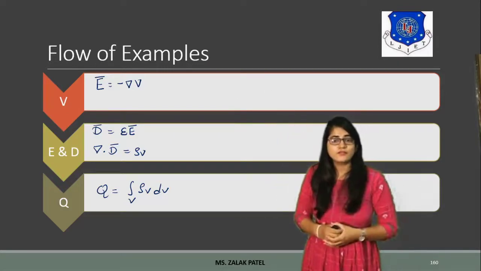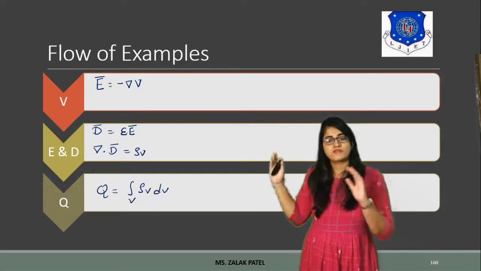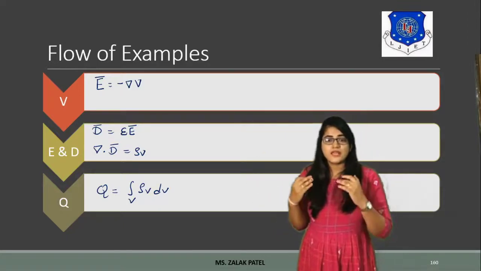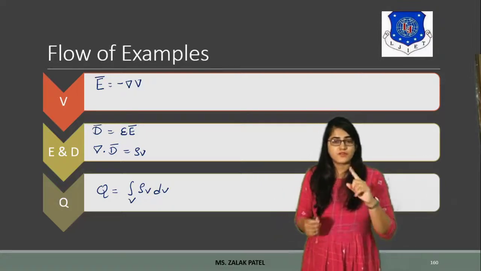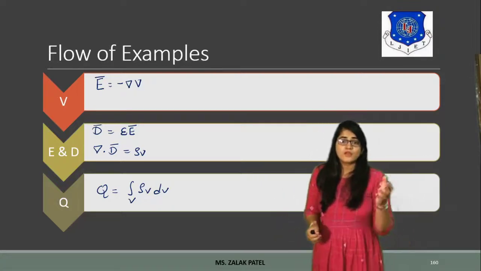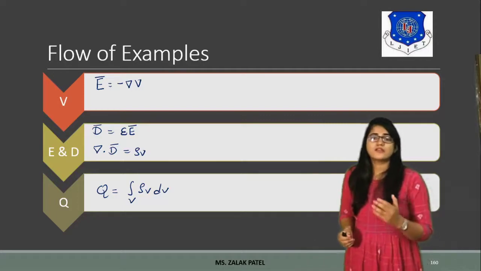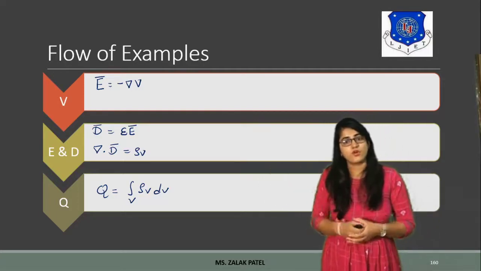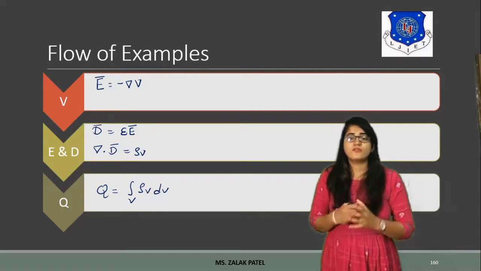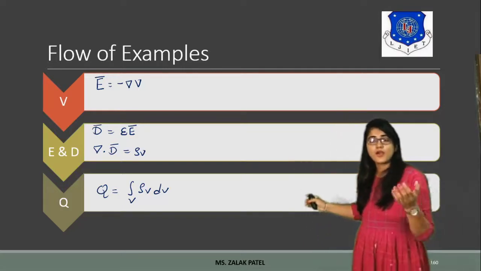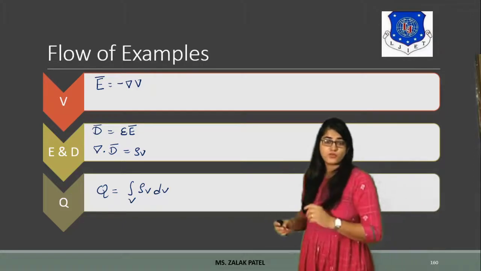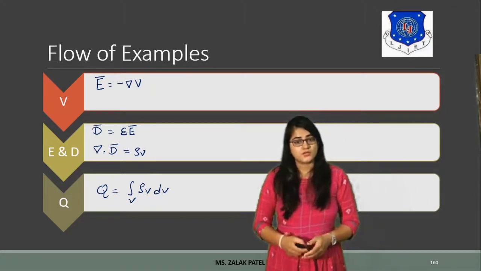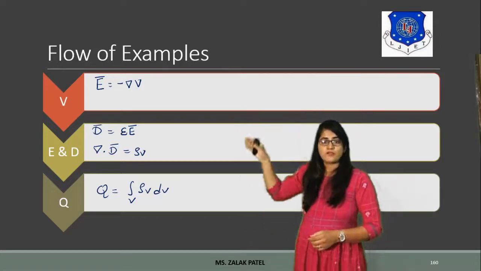Then if you have the field intensity, you can easily find D, that is D equal to epsilon 0 E. Now if you have D, then according to Maxwell's first equation, del dot D is rho V, because del dot D is the divergence of D. If you take the divergence, then you can find the volume charge density, and once you have the volume charge density, then according to the standard charge configuration, you can find Q, that is the integration over volume of rho V dV. So this is how you can do each part of an example.